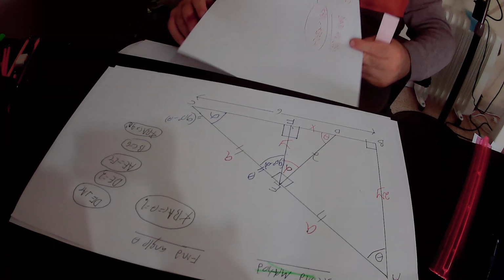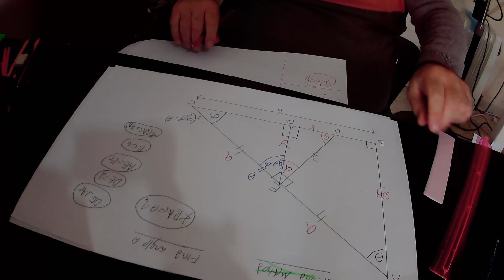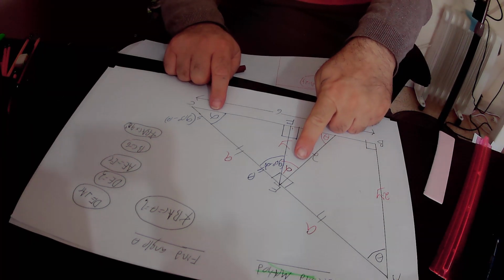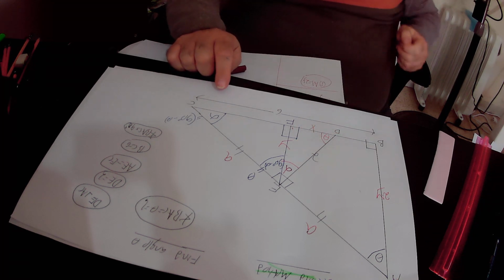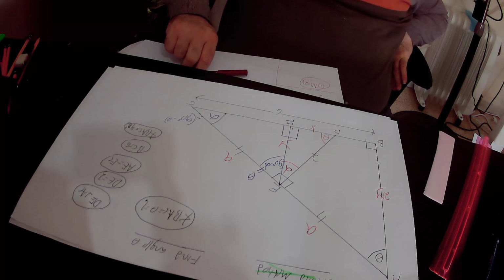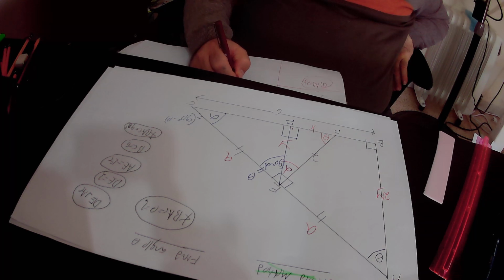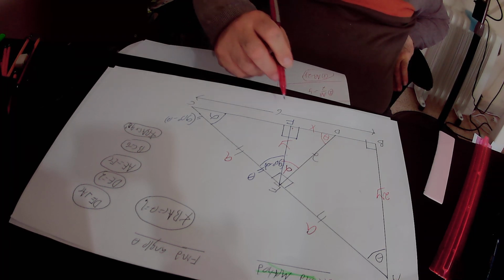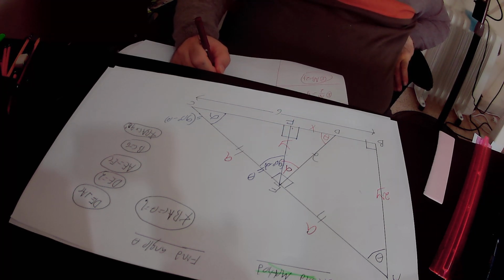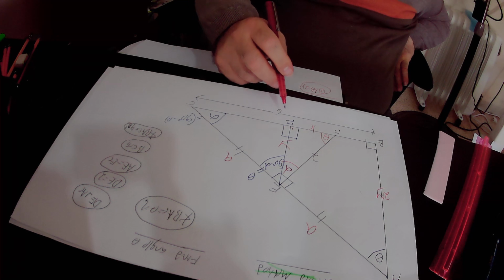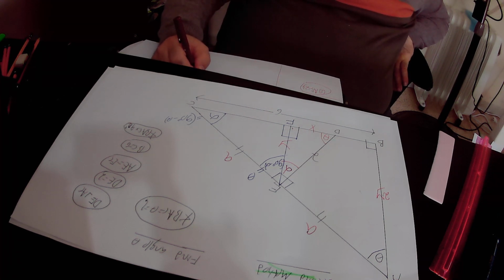In addition, those two angles are equal to each other, they are both equal to alpha. So angle BCA in triangle ABC is equal to this angle, which is actually angle DEF, and both angles are equal to alpha.